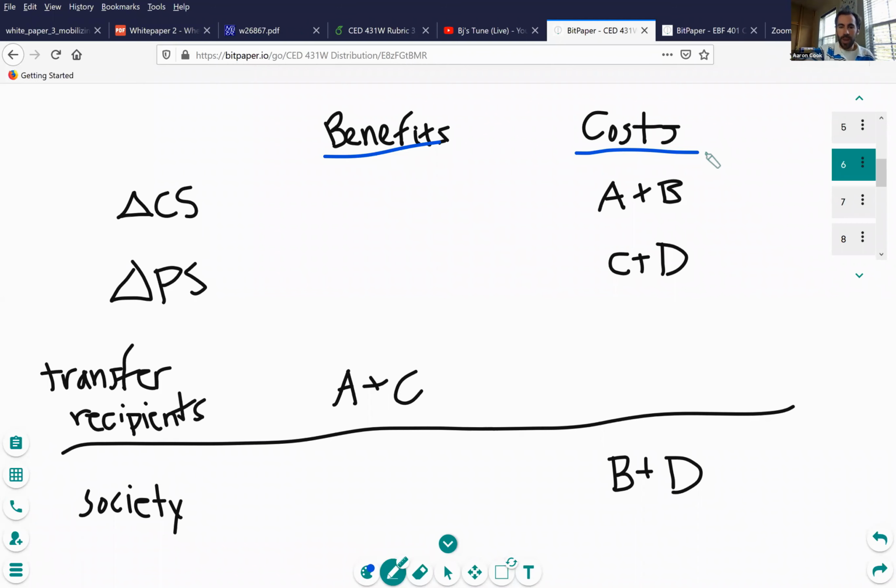And then those who benefit from, presuming that this tax revenue is collected and then used to transfer to other folks in society, those people in society actually gain, just under the assumption that all of this tax revenue is then transferred to another group. Those people gain A plus C.